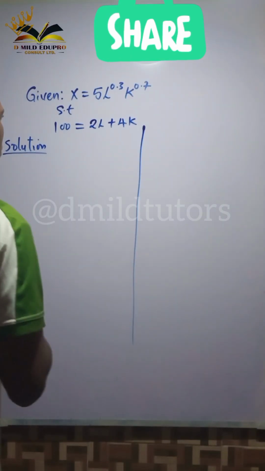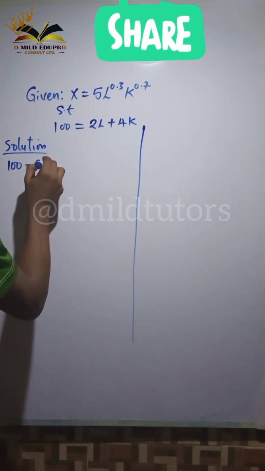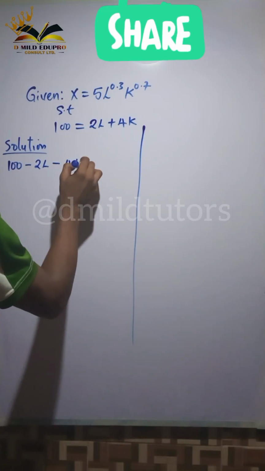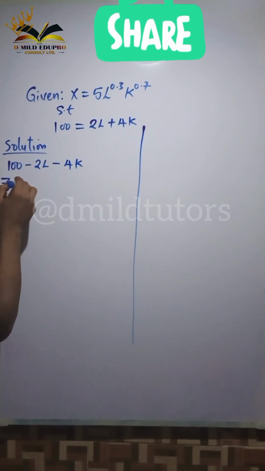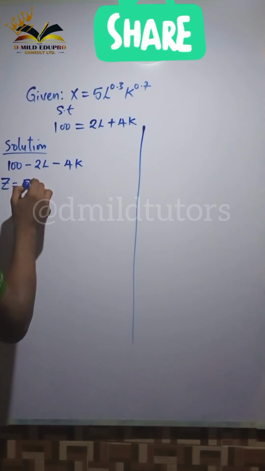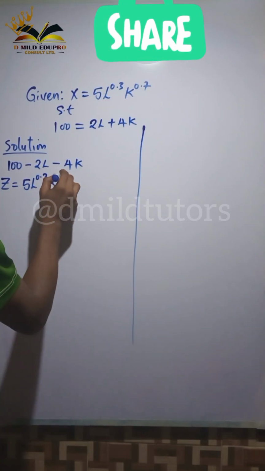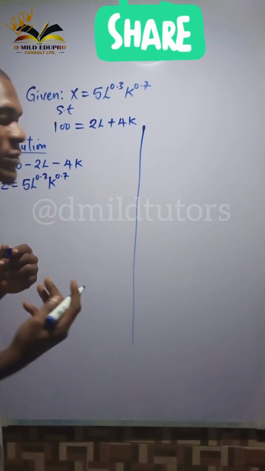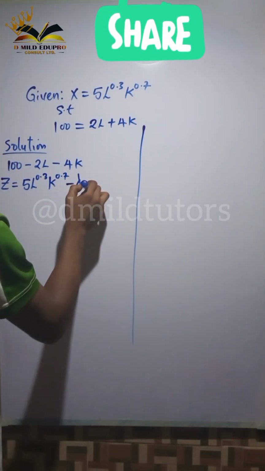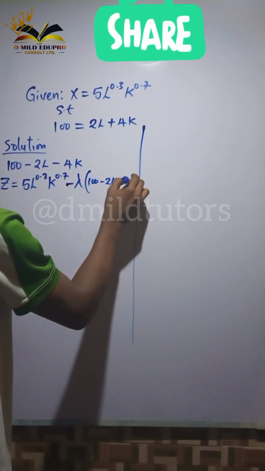Is that okay? So the first thing is, let's make this 100 minus 2L minus 4K, and then we introduce the Lagrangian multiplier, which is Z equals 5 L raised to the power of 0.3, K raised to the power of 0.7. Then remember I told you that minus a clause, so let's minus lambda into bracket 100 minus 2L minus 4K.